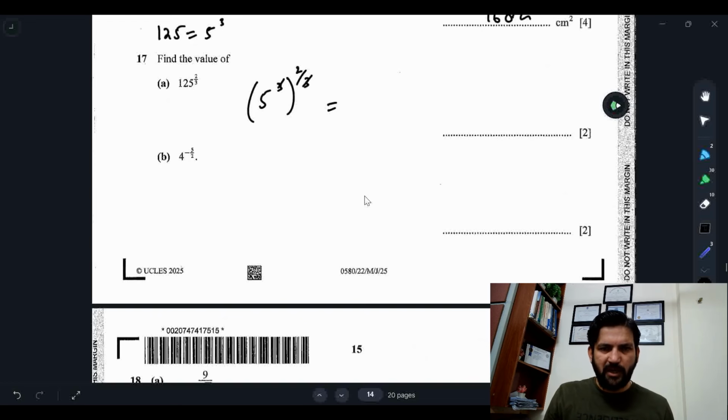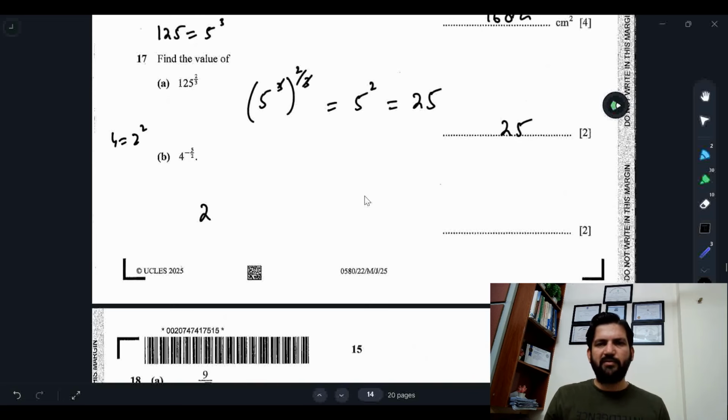Now for the next one, again we can write 4 as 2 square. So just write it as 2 square to the power minus 5 by 2. Whenever we have power on power, we can just write it like this. So 2 power minus 5, which means 1 by 2 power 5, which means 1 by 32. So 1 by 32 will be the final answer.